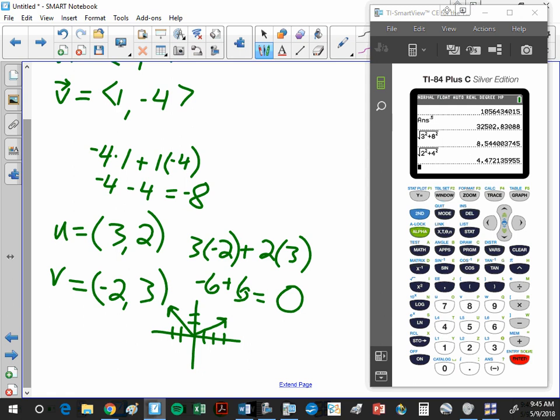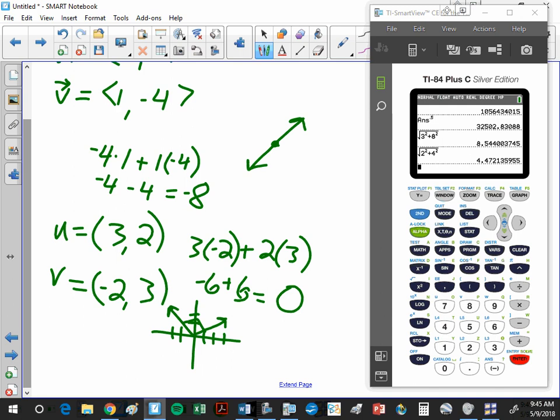You would think if vectors were pulling in opposite directions, they would kind of kill each other. But the reason it happened, and once again, it's not something that you're going to see, is because those two vectors are perpendicular to each other.